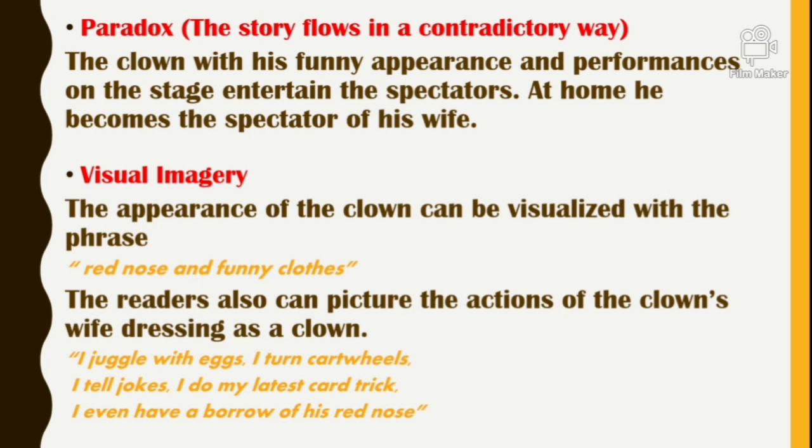Well, the next part, the readers also can picture the actions of the clown's wife dressing as a clown. Now, you can remember there's a stanza I have quoted here. I juggle with eggs, I turn cartwheels, I tell jokes, I do my latest card trick, I even borrow his red nose.